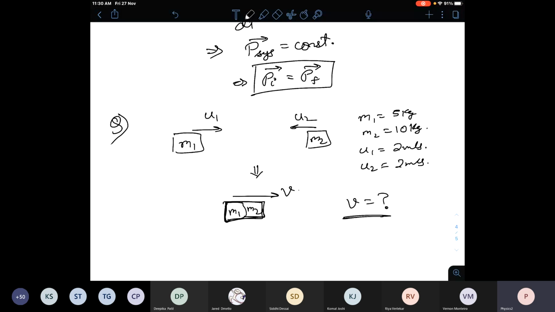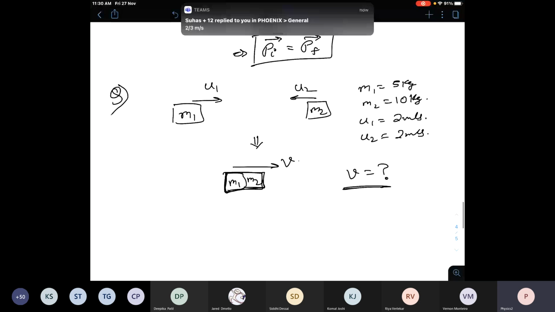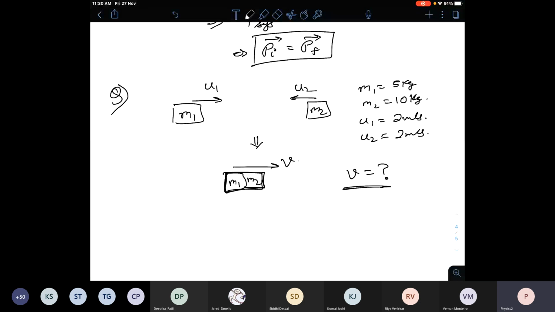Now how to solve this? See here. Before collision there is no external force acting on the system, that is clear, there is no doubt in it.